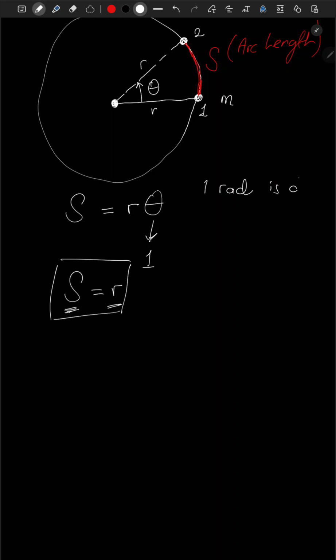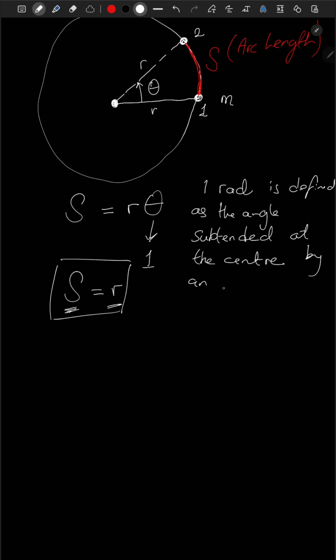So by definition, 1 radian is defined as the angle subtended at the center by an arc length equal to the radius of the circle.